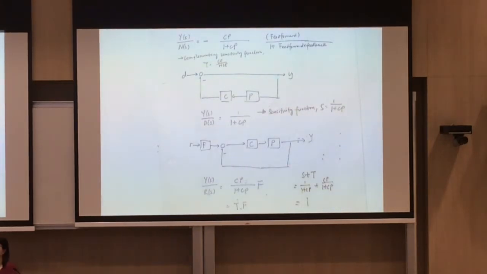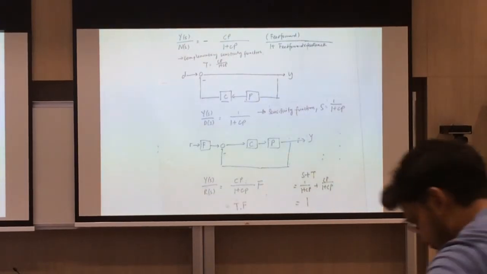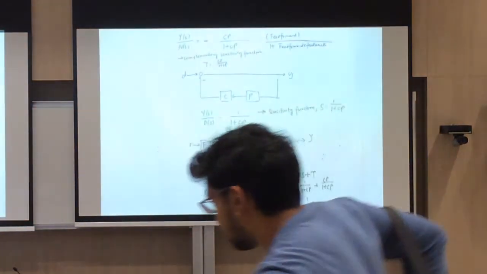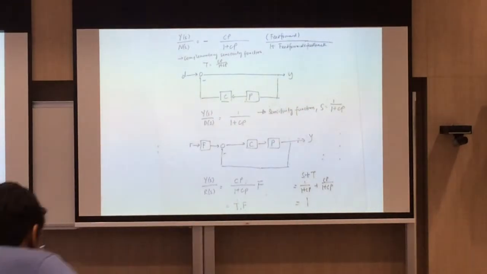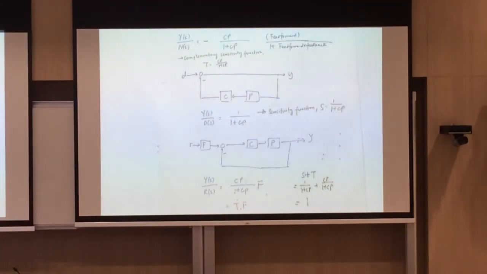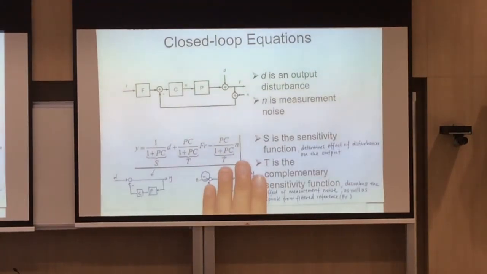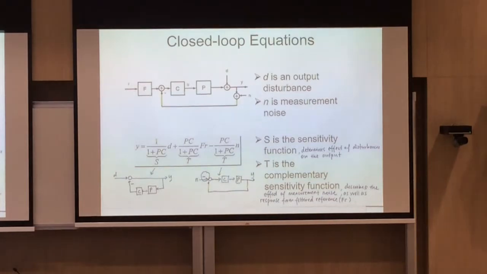So now that you have separated the system into three components, with reference to the disturbance, measurement noise, and command reference, how do you look at them together? In your slide, okay, this is how you get to this.